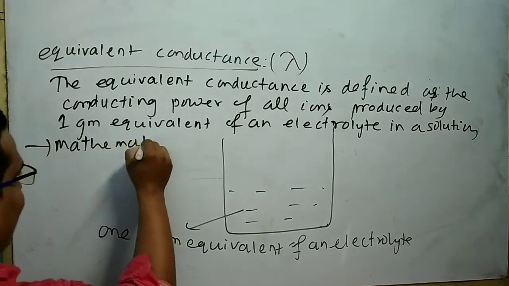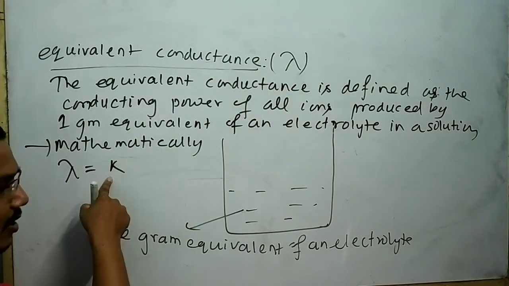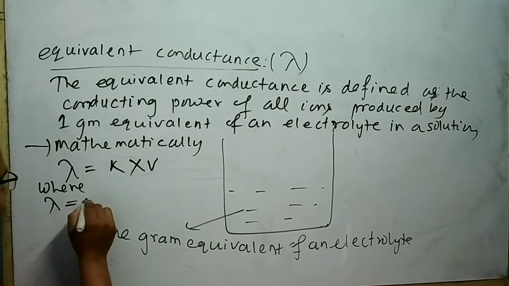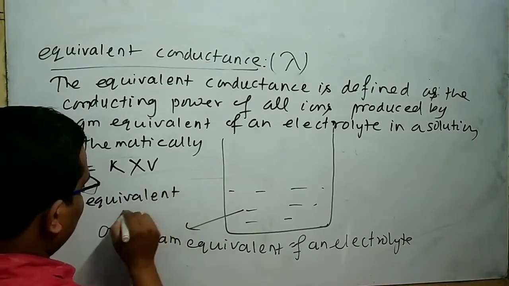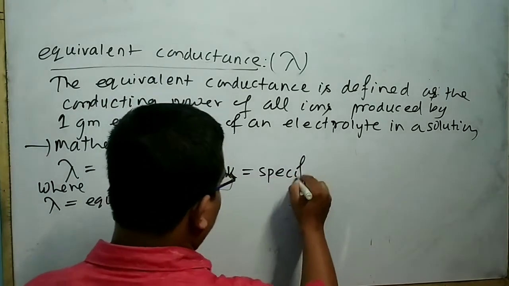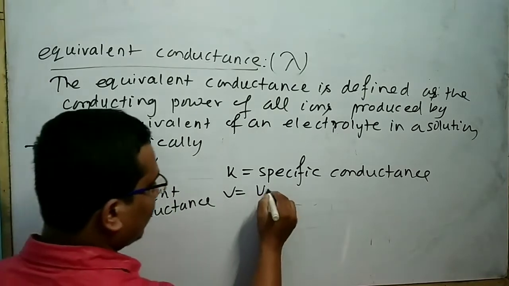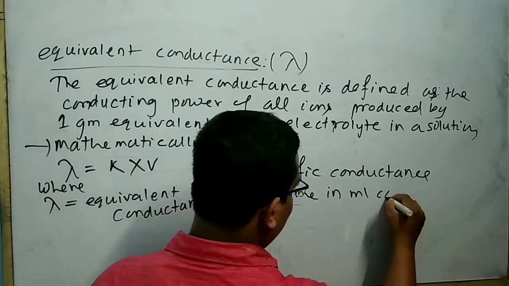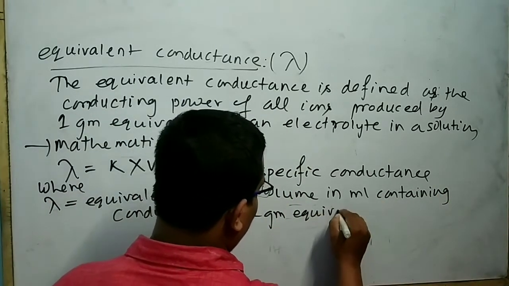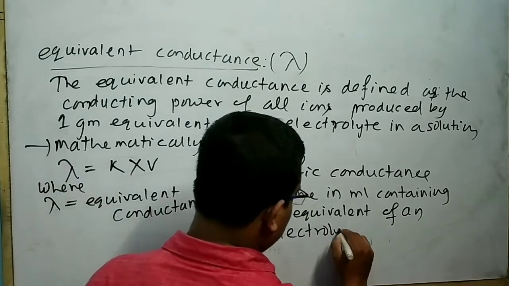Mathematically, equivalent conductance lambda is equal to specific conductance into V, where lambda is equal to equivalent conductance, K equal to specific conductance, V is equal to volume in ml containing 1 gram equivalent of an electrolyte.